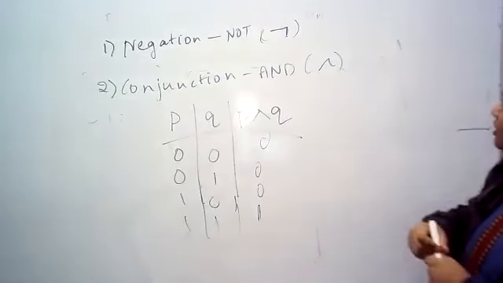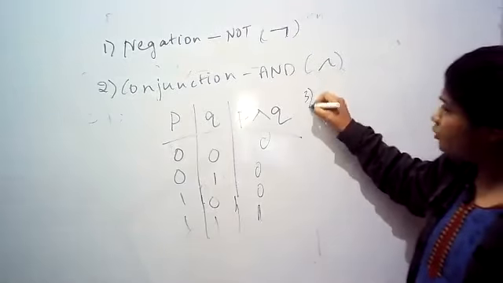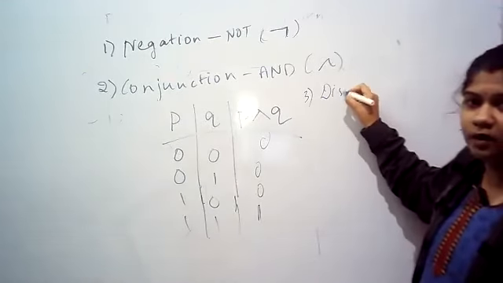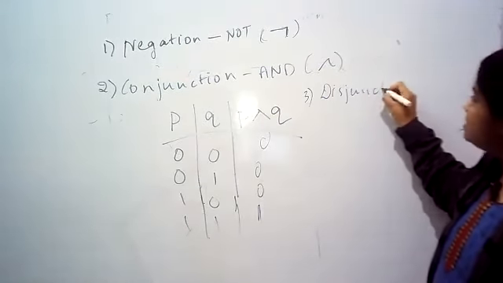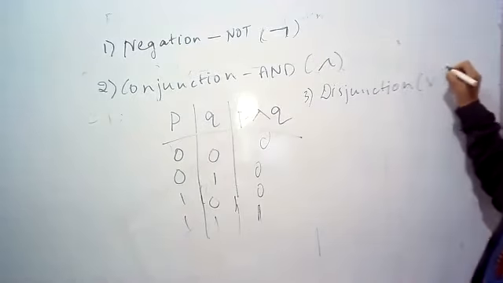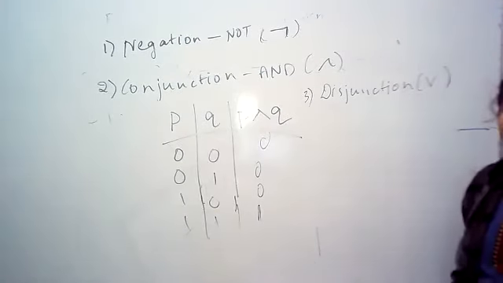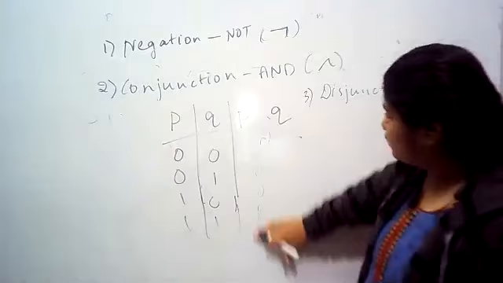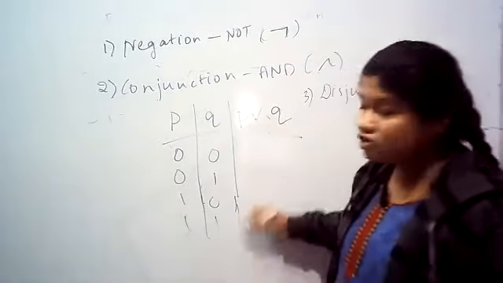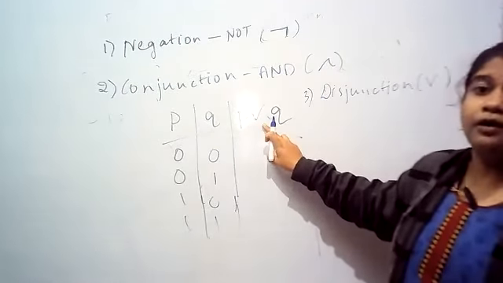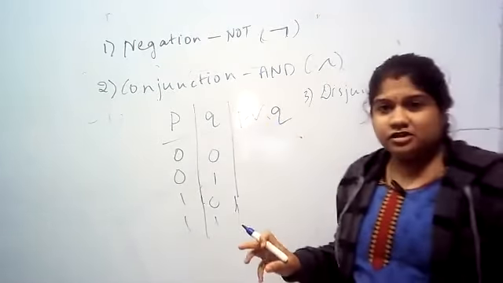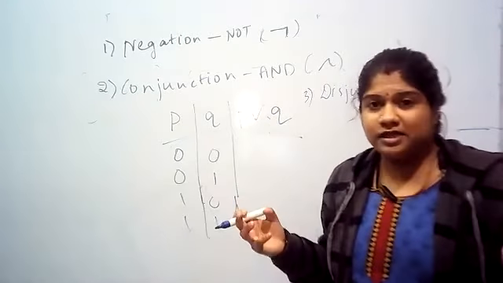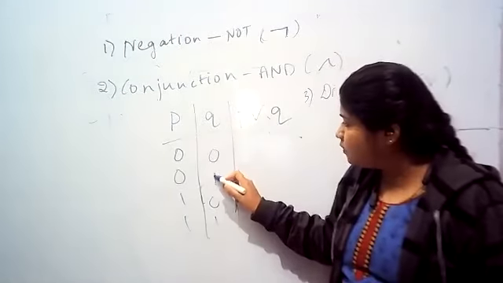Then what is disjunction? Coming to another type of gate, it is disjunction. How is it represented? It is represented with V. Disjunction is similar to the OR operation. What does disjunction or OR operation say?